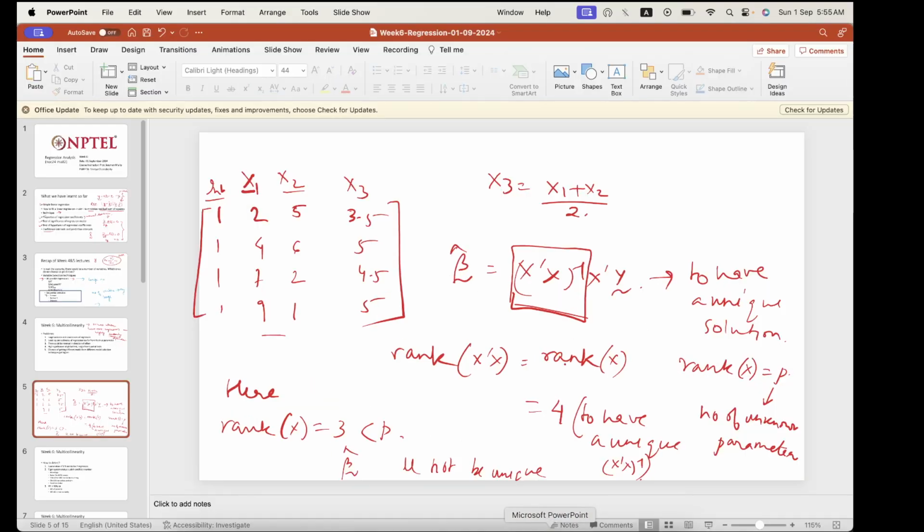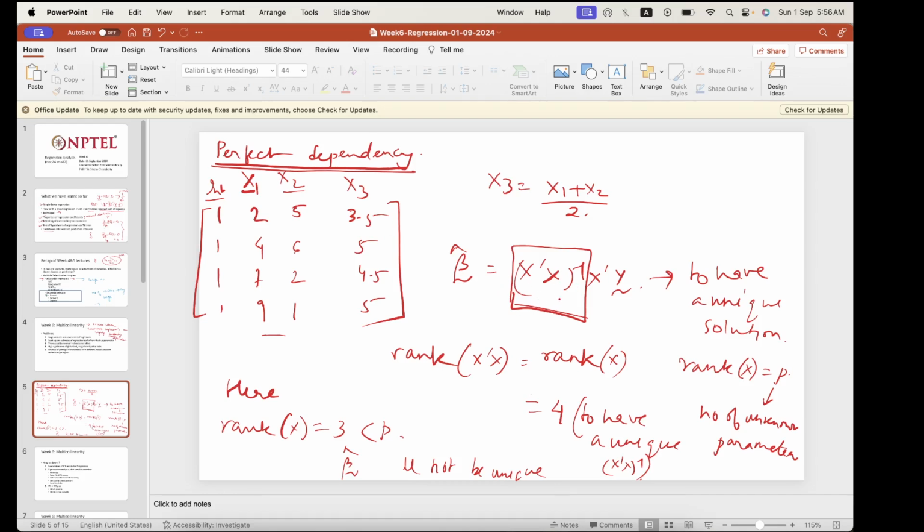So this is a case when we have perfect dependency. This is the case where we absolutely cannot perform this inverse operation.